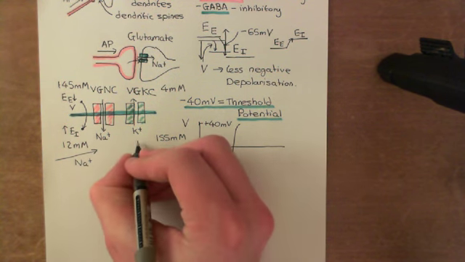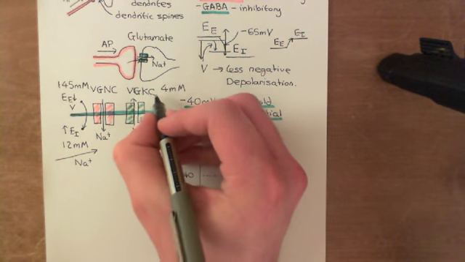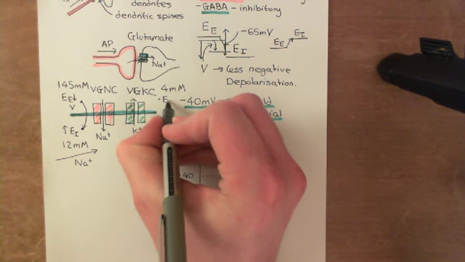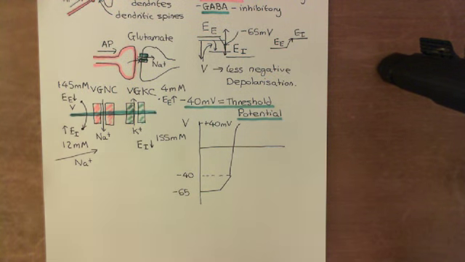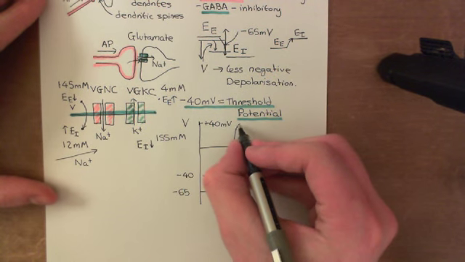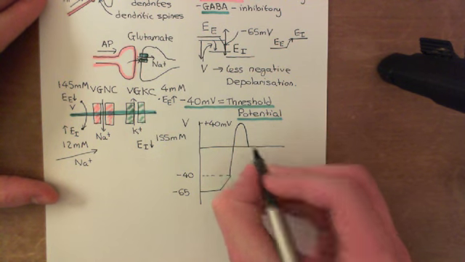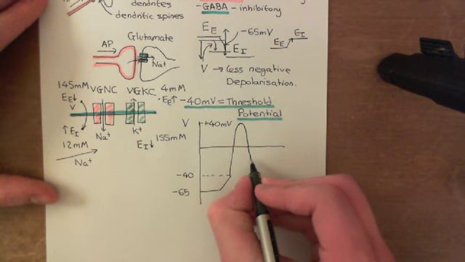So the electrical potential intracellularly is going to go down. And because we're moving positive charge into the extracellular fluid, the electrical potential extracellularly is going to go up. That's going to repolarize the electrical potential difference across the cell membrane. So the electrical potential difference will start going down, and we'll go back into the negative regions.